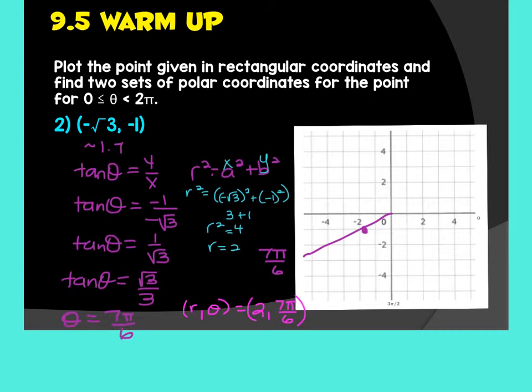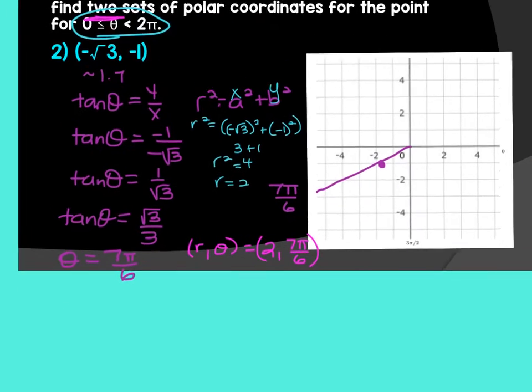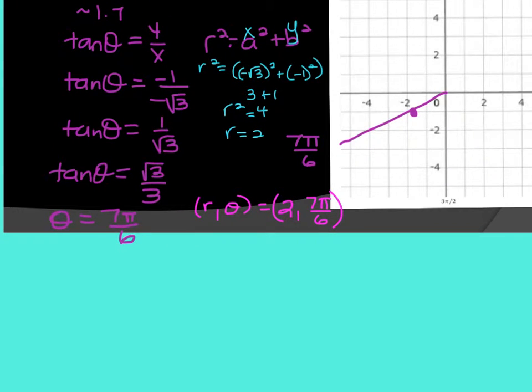And then it says find two sets of polar coordinates for the point. So I have the first one. This time it needs to be in between 0 and 2 pi. So I again have two choices: leave the r the same, add or subtract 2 pi, or change the r, add or subtract pi. If I add 2 pi to 7 pi over 6, it's too big.